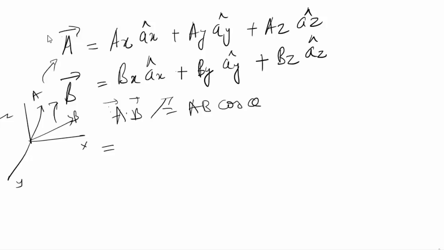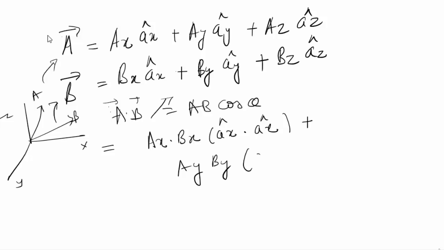So it will be Ax into Bx into the unit vector ax dot ax, plus Ay into By into ay dot ay, plus Az into Bz into az dot az.